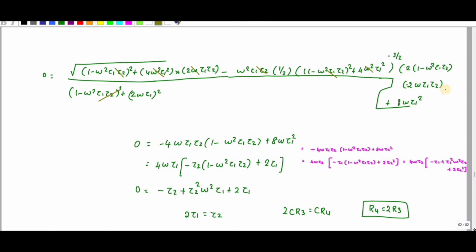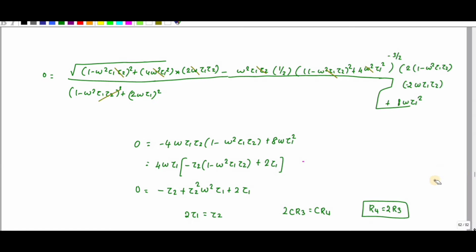You will get only this term, that is minus 4 omega tau 1 tau 2 into 1 minus omega square tau 1 tau 2 plus 8 omega tau 1 square. I am going to take 4 omega tau 1 common. If I take it common, I will get minus tau 1 tau 2 into 1 minus omega square tau 1 tau 2 plus 2 tau 1. This is what I will get.